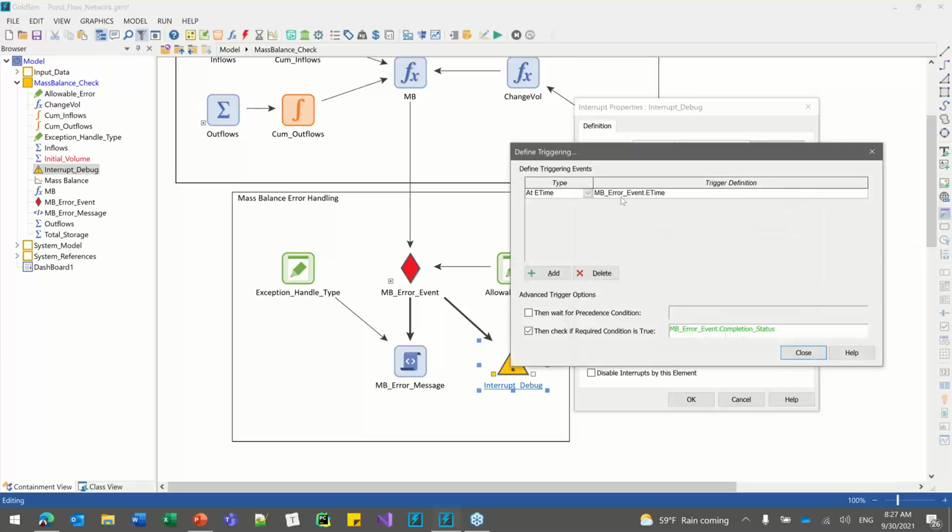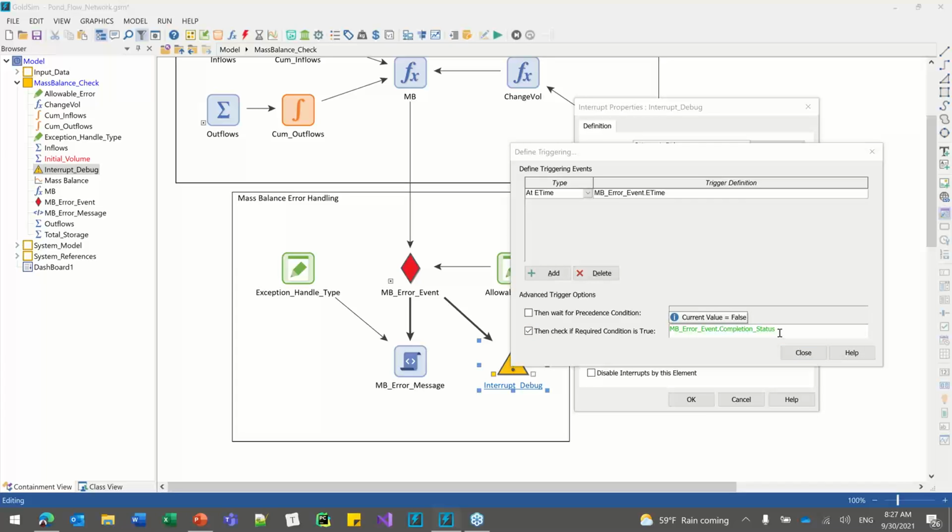And the interrupt element says, at exactly the elapsed time, we have the elapsed time output from the milestone telling us the exact elapsed time of the milestone. If those two things are equal, that's going to be at the elapsed time at which the error occurs, but also make sure to check that the completion status is true.